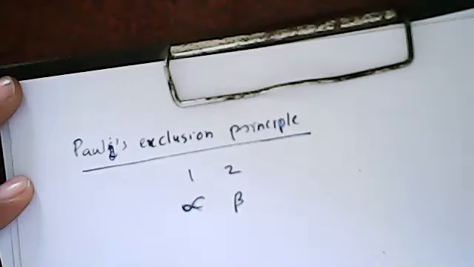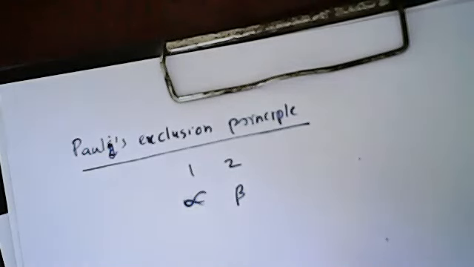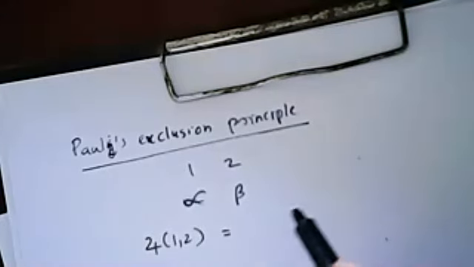Consider a two particle system, two particles 1 and 2, two fermions, two states alpha and beta. So the wave function has two possibilities, psi 1 2. What is the meaning?